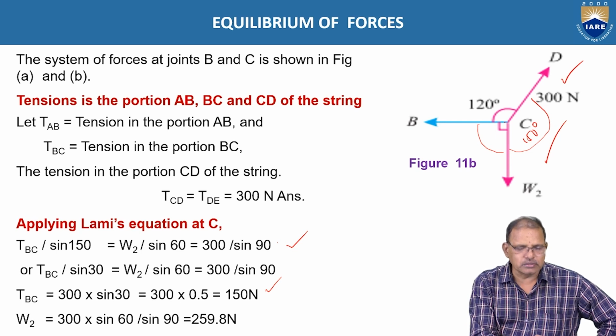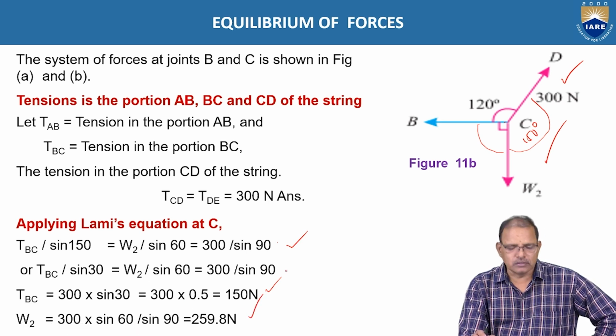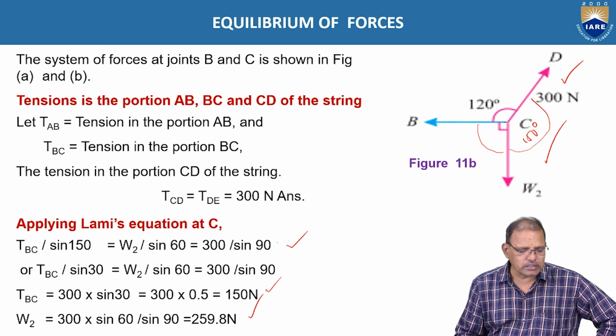Similarly, W2 is equal to 300 into sin 60 divided by sin 90, which is equal to 259.8 newtons. That is, we got the tension TBC as well as W2.